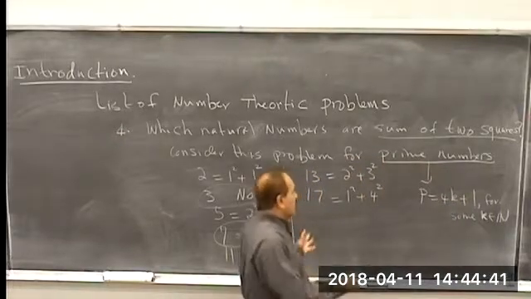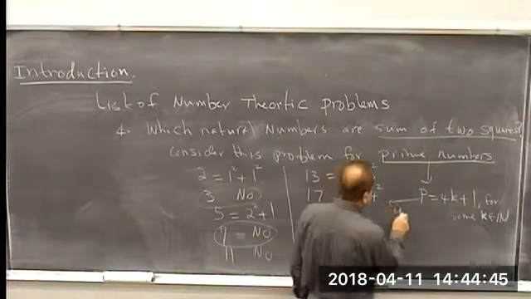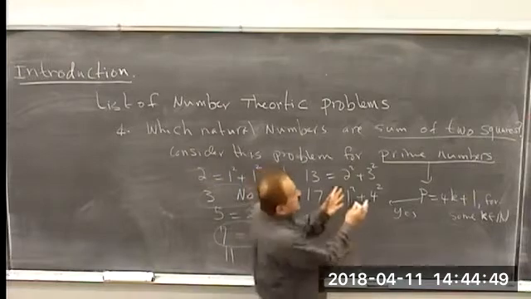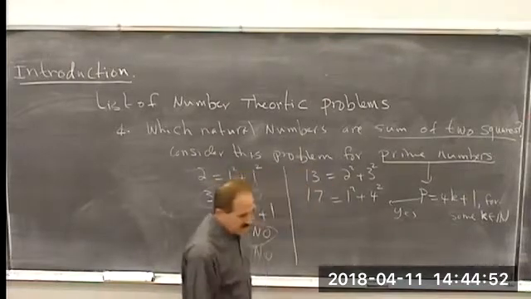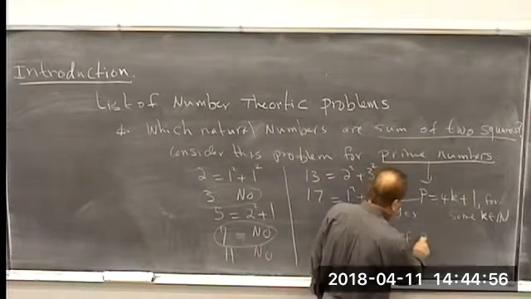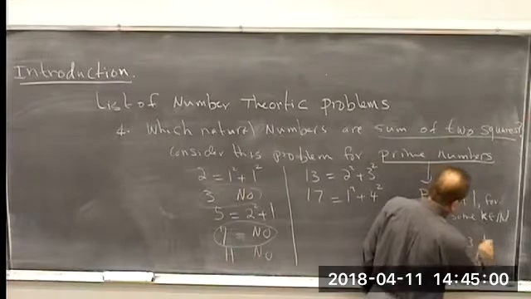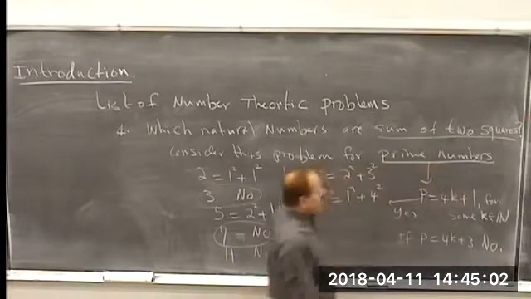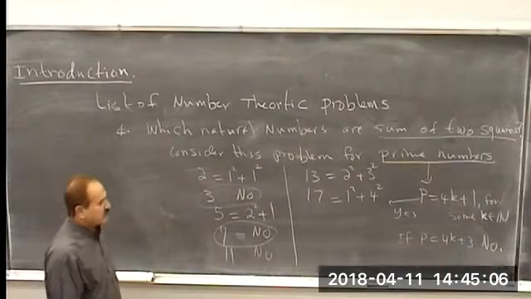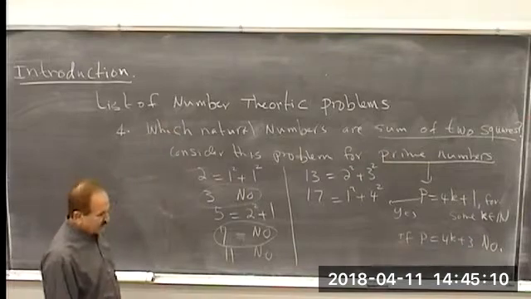So this is yes for these, and if you check the ones we did here, but this is not a proof, it's an observation, of course. And if p is of the form 4k plus 3, no. We cannot express any prime like this. And then from there, you would like, of course, to classify all numbers, not just the prime ones.